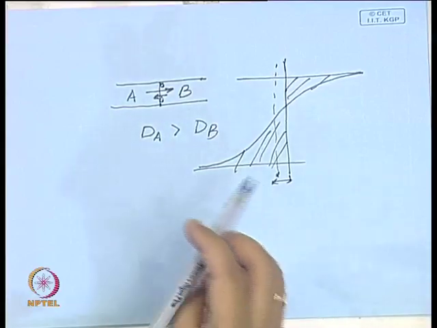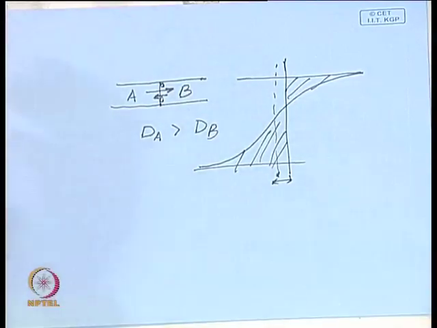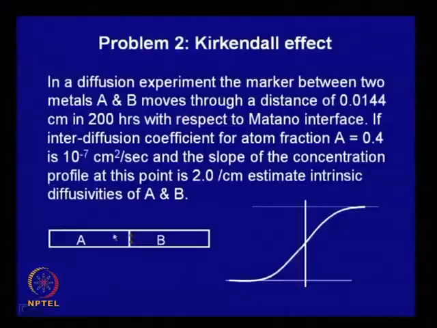And here is a hypothetical experiment which has been conducted with the two metals A and B, and here is a marker placed over here. Now, in this diffusion experiment, it has been found that the marker between the two metals moves through a distance of 0.0144 centimeter in 200 hours with respect to the Matano interface.